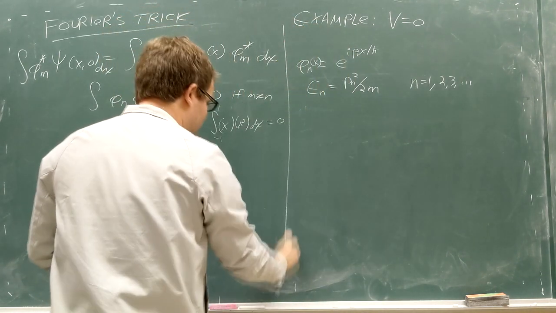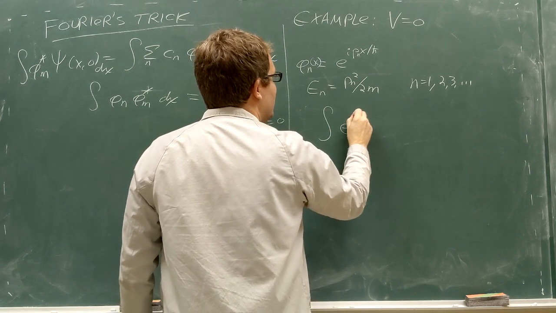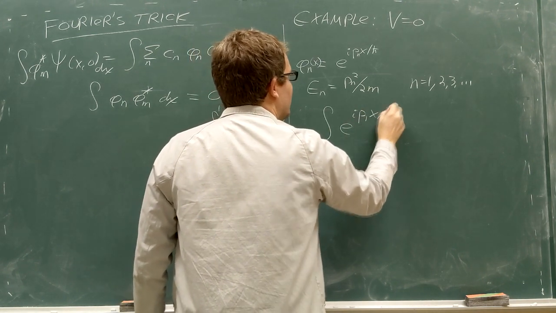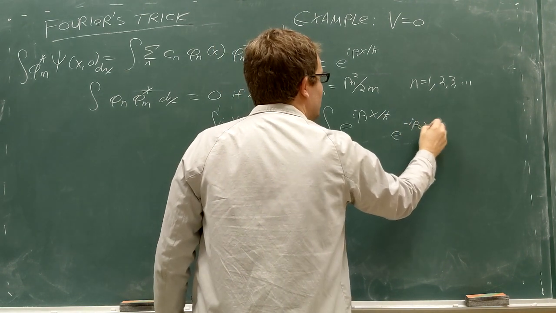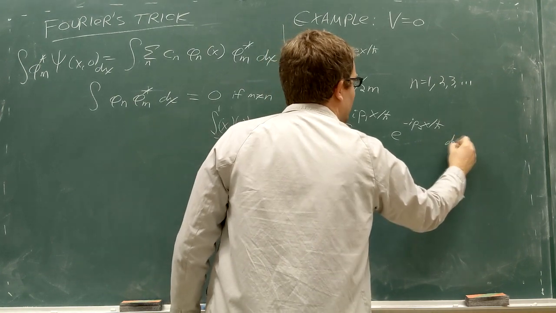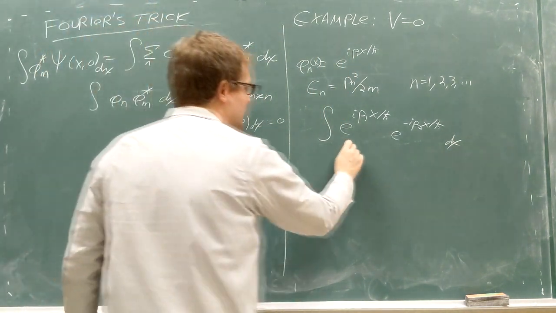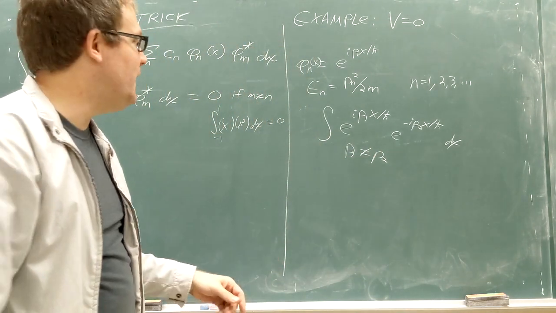Let me show you how this works out with this example. So let's suppose you've got the integral of e to the i p1 x over h bar times e to the negative i p2 x over h bar dx. Let's suppose your p1 is not equal to p2. They've got different values.